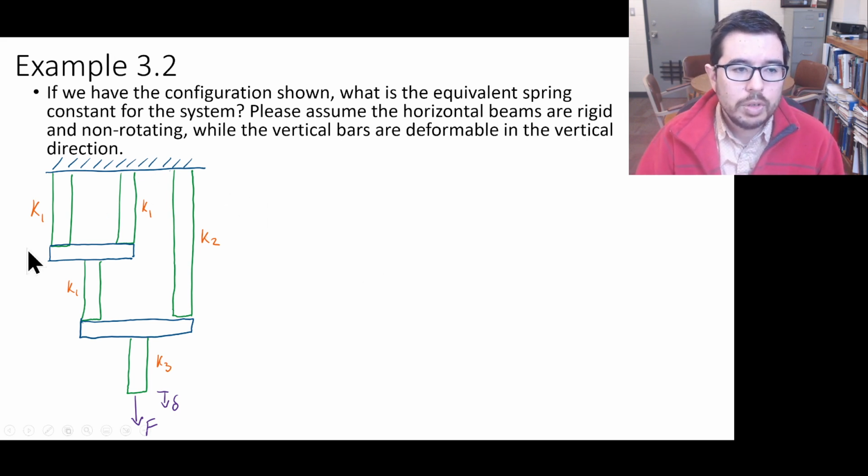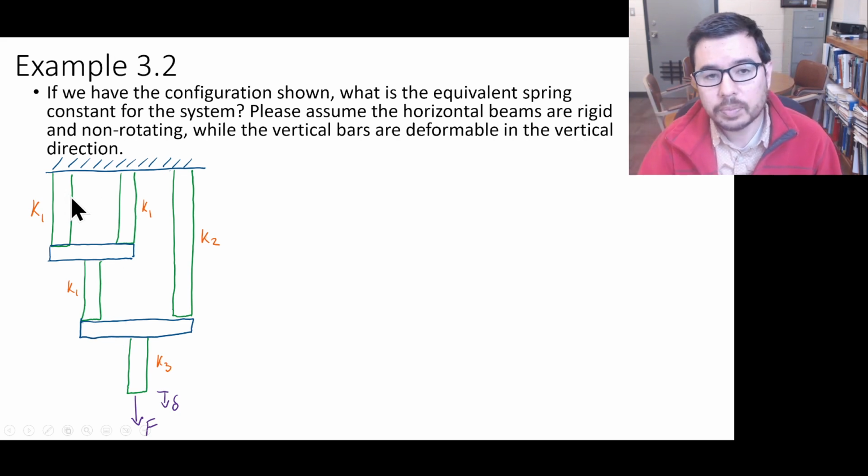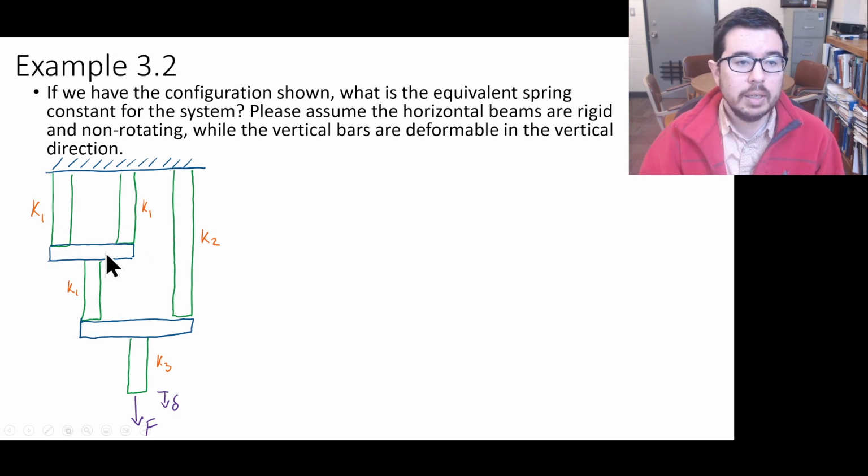So first, this configuration has a K1, K1, K1, all right? And we're assuming that these vertical bars are deforming or extending, while the horizontal beams are rigid.